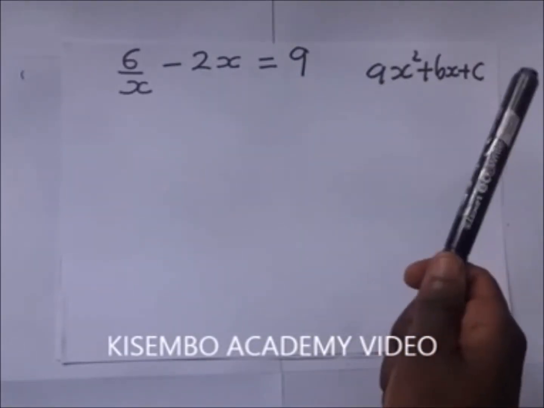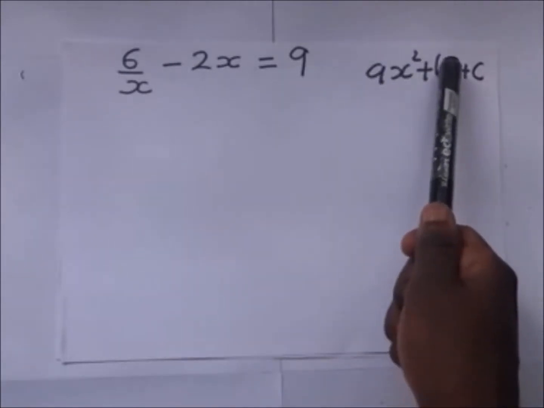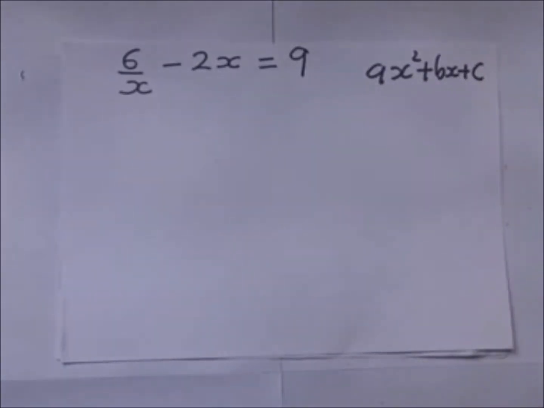Then we shall be able to find the values of a, b, and c. Then from that point we shall be able to substitute those terms of a, b, and c into the quadratic formula, and then we are able to get the answers. The quadratic formula we're talking about here has been derived in our previous videos, and it goes like this.